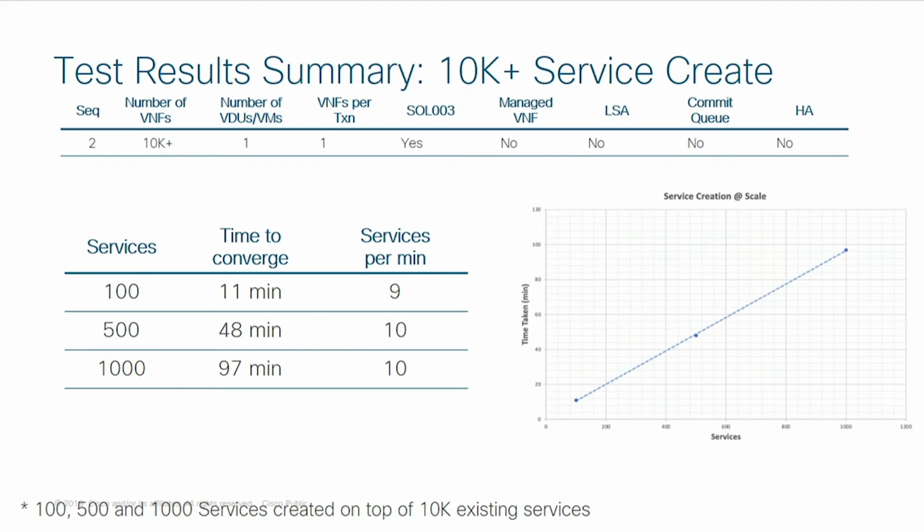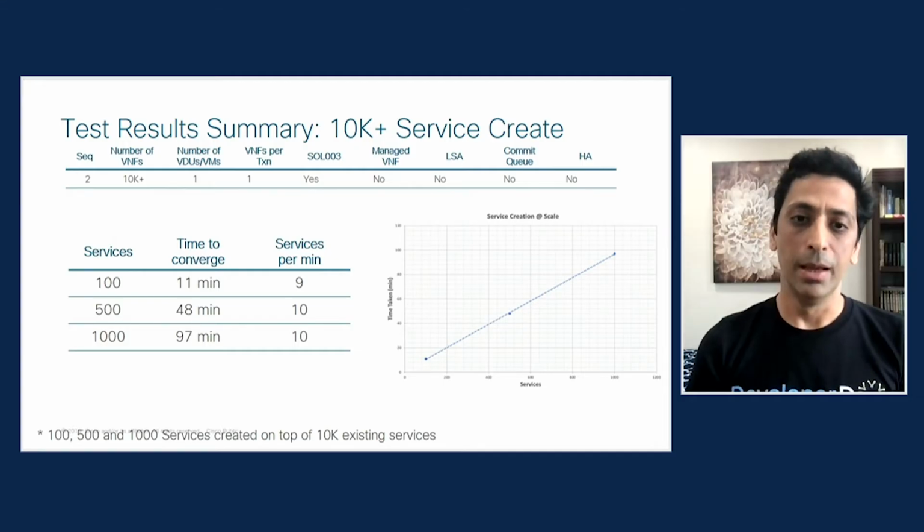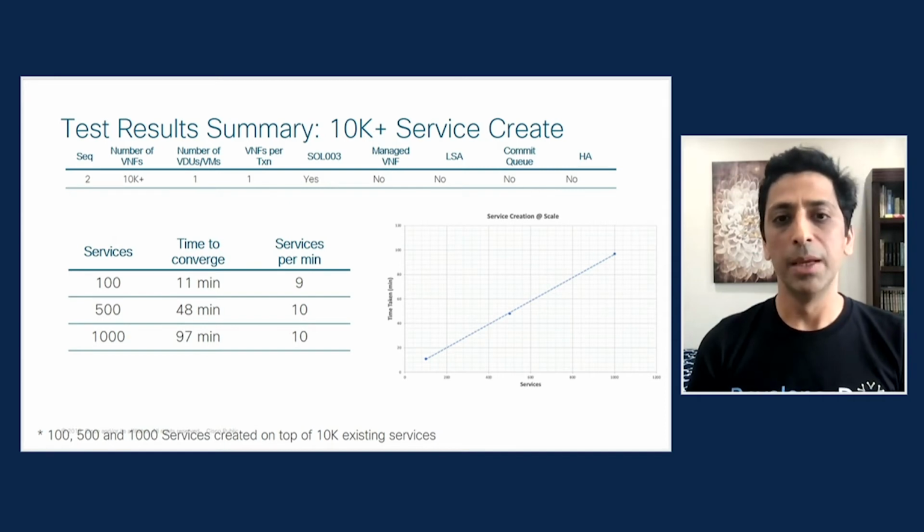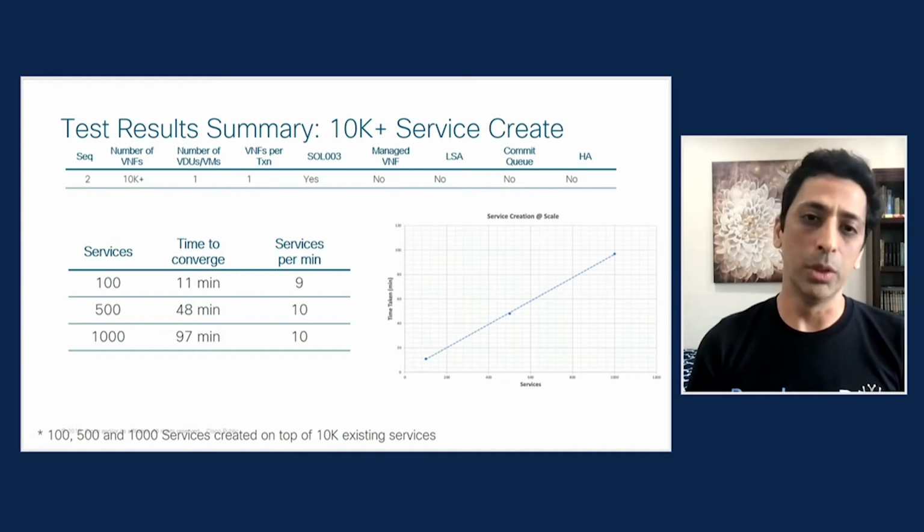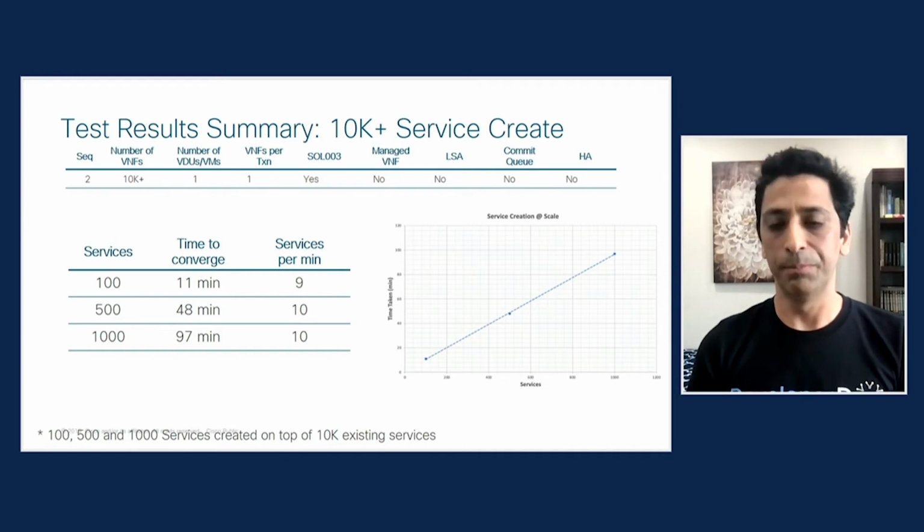As you can tell from the picture, this variation is linear. Services to time is linear, and that's really good data, something that you would like to see. Along with that, services per minute is pretty much in line with the numbers that we saw with 10K creates, and that's also a good sign of a healthy performing system.